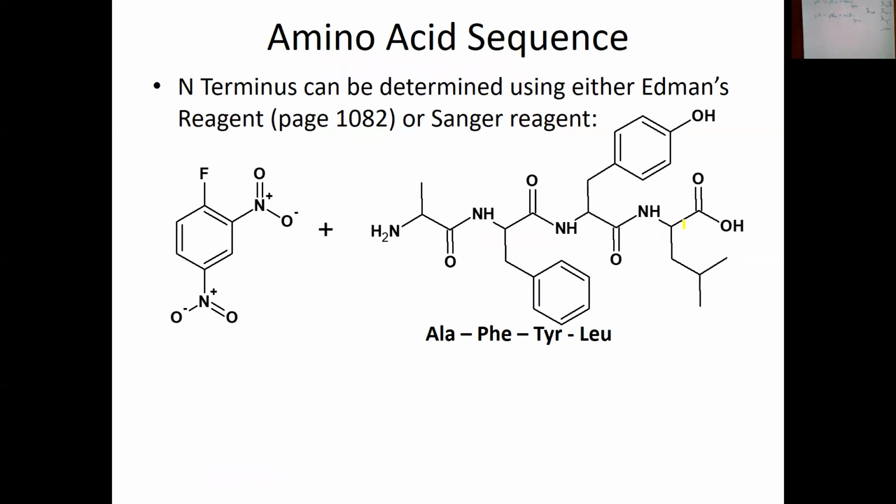Well, one reason it matters is because peptides can be sequenced using reactions that we are now all familiar with. If I take this very deactivated benzene derivative, I can do a reaction with this peptide.